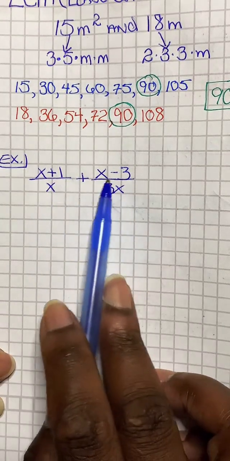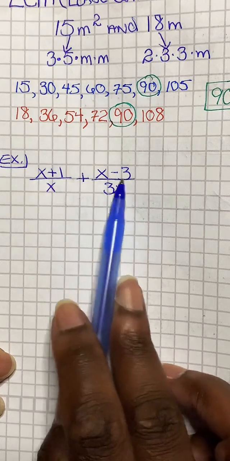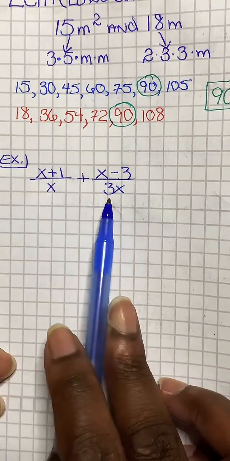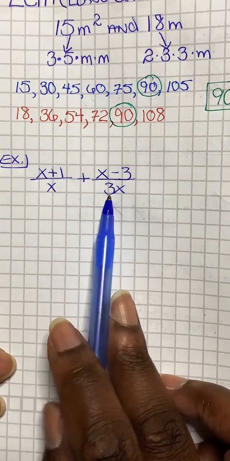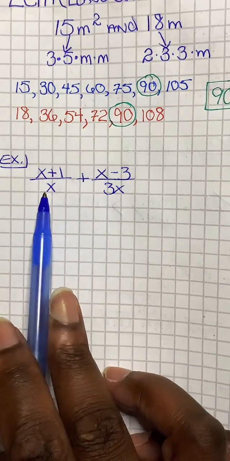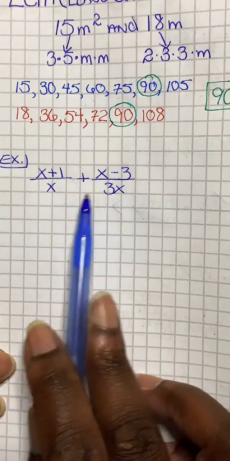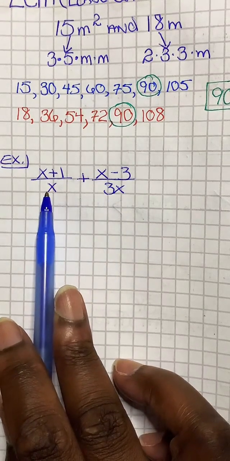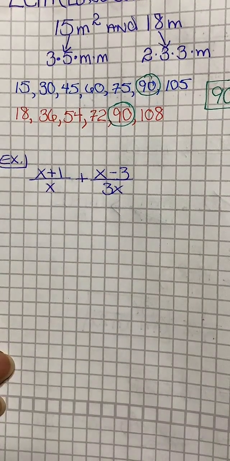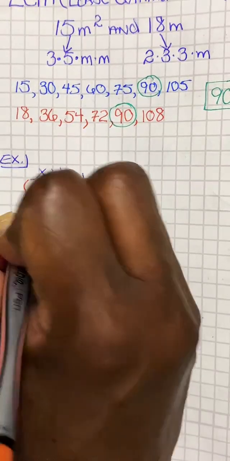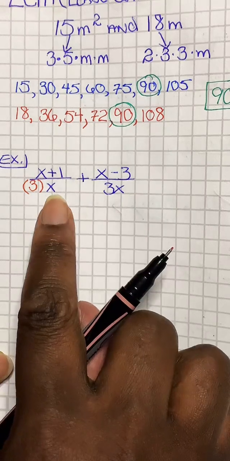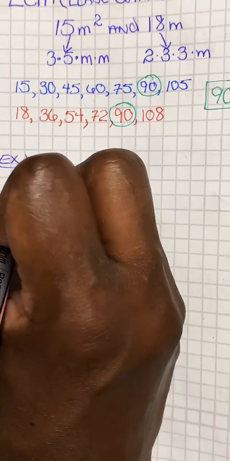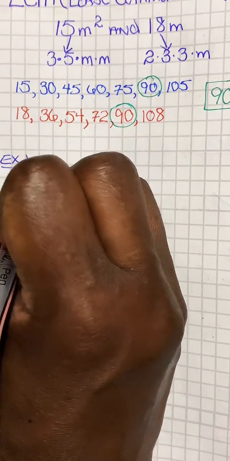We want to have our common denominator to be the largest. Okay. I could get rid of the 3, but that means I got to take 1/3 of everything. I don't want to do that. It's easier for me to make this x into a 3x than making the 3x into an x. So the way that I do it is I need to multiply this denominator by 3. But whatever I do in the denominator, I have to do in the numerator.